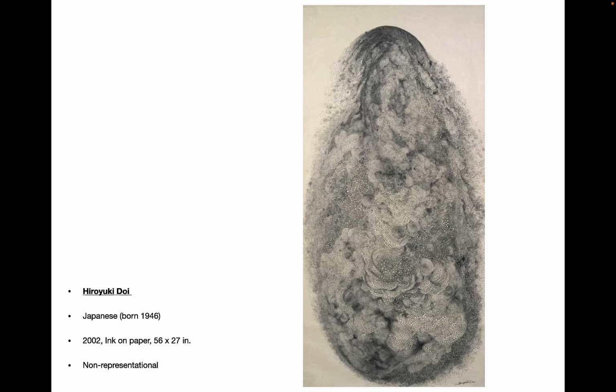This is a Japanese artist that's still living, and this is an example of non-representational art. So it's not representing anything in our observable reality, right? It's in this artist's imagination. So it's not representing a person or an object that all of us can observe and see in our world. This is right out of the artist's imagination.